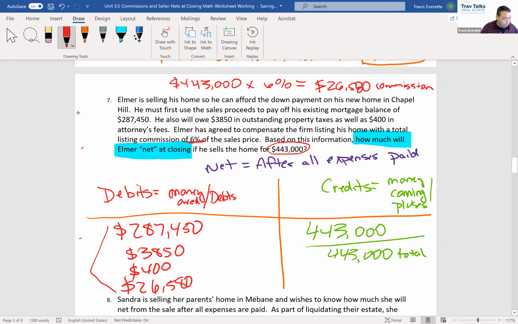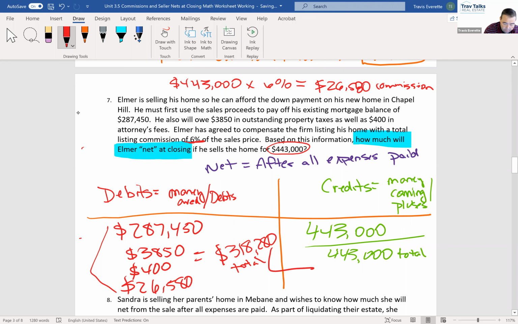Plus $26,580 equals, looks like to me, if I add all those up, $318,280 total debits. I'm going to check my math again. $287,450 plus $3,850 plus $400 plus $26,580, $318,280 total.